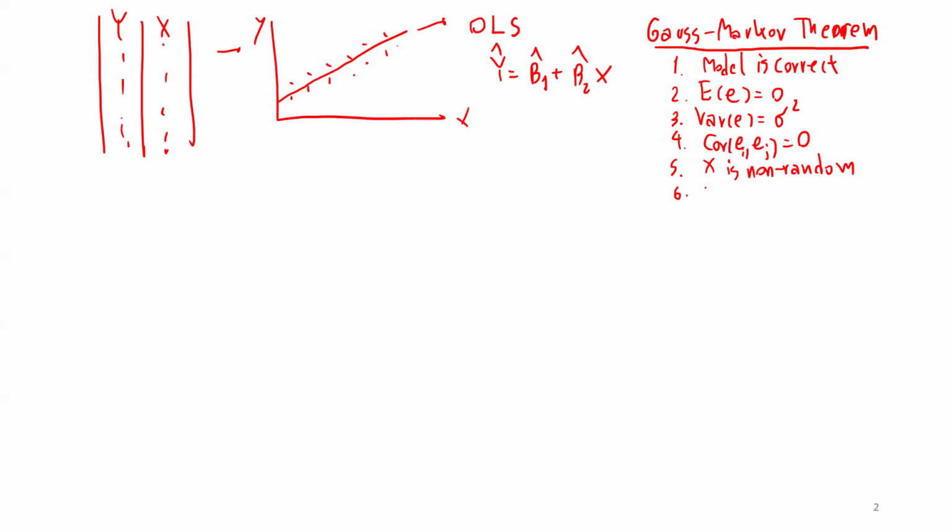And number 6, error is normally distributed with expected value 0 and constant variance.